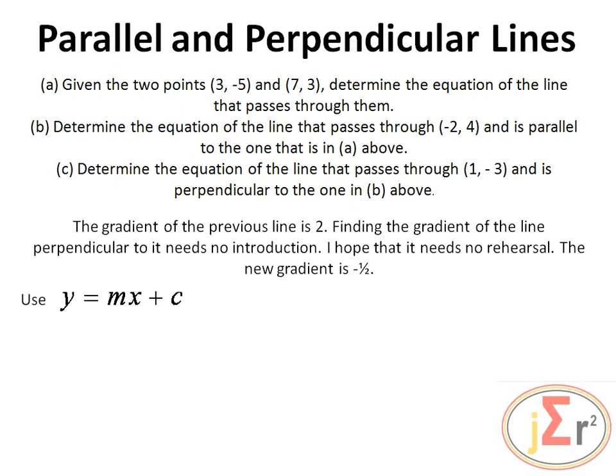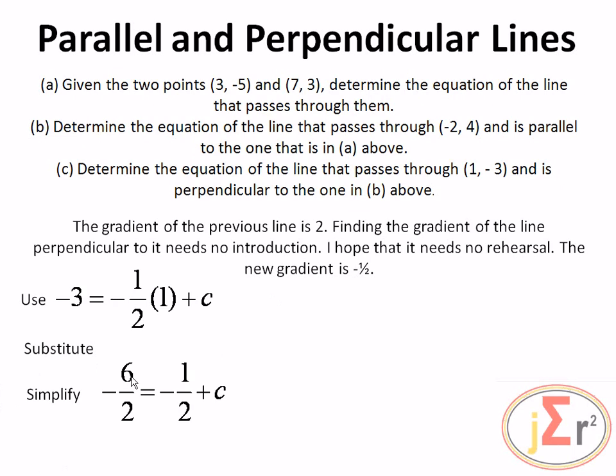So we're going to use y = mx + c in this case, and we're going to substitute the values. Of course, these are our values. Negative 3 is the y value, and 1 is the x value. The gradient is negative 1/2, so let's see what happens. Of course, simplify this. What do we get? Do not forget that when we have a fraction, we write the other number, which is a whole number, as a fraction that has the same denominator.